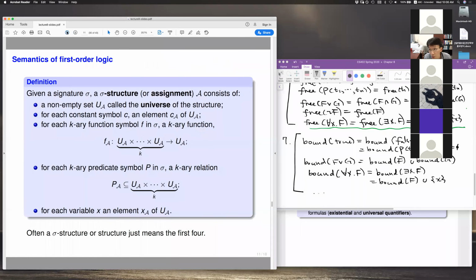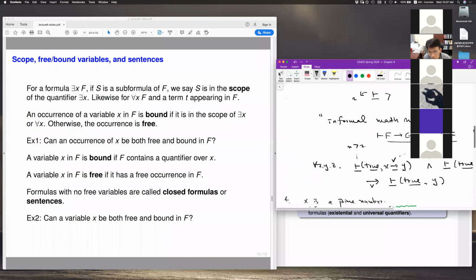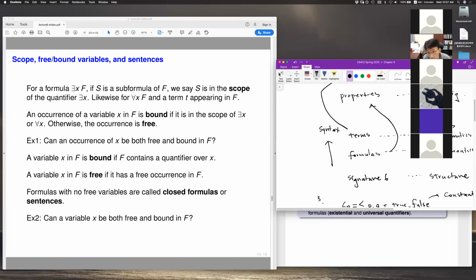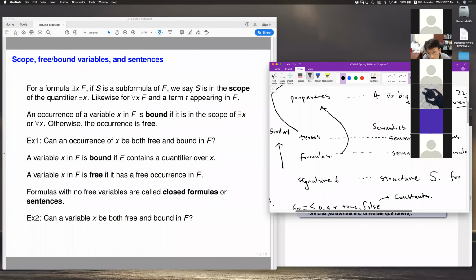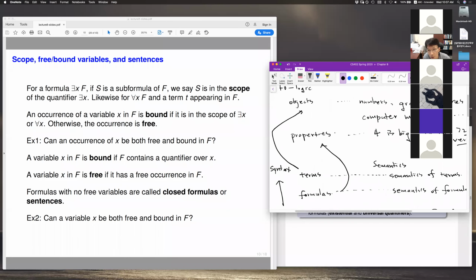Okay, so this is the description about the syntax of first order logic. Now we will move on to the semantics of first order logic. As I said before, for the syntactic part, first order logic has two layers: one is for objects and the other is for properties.